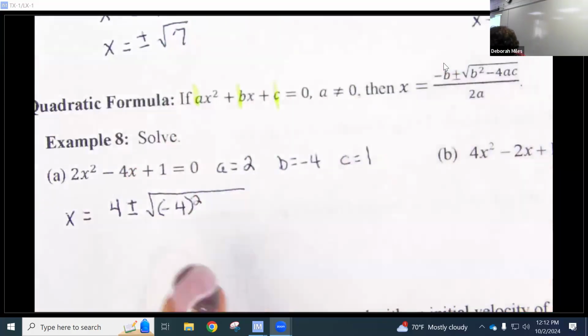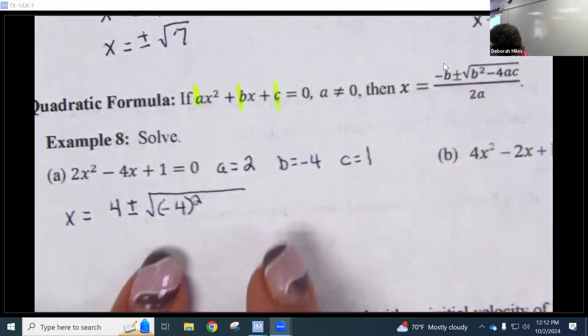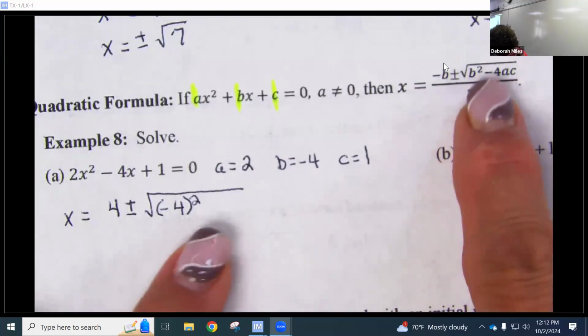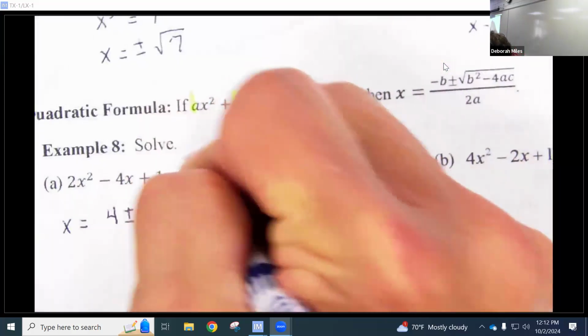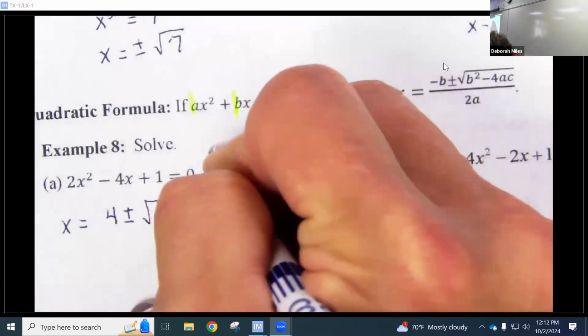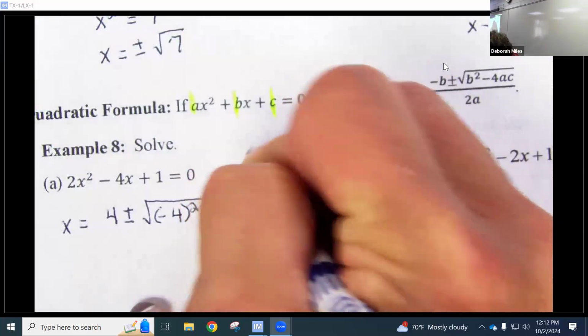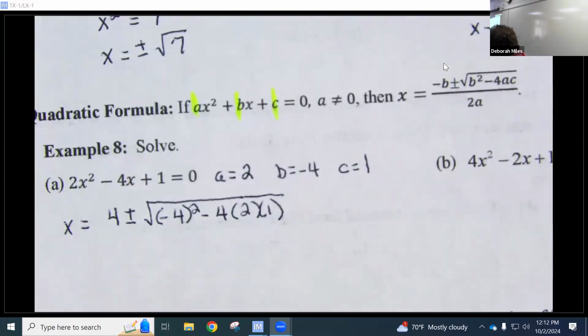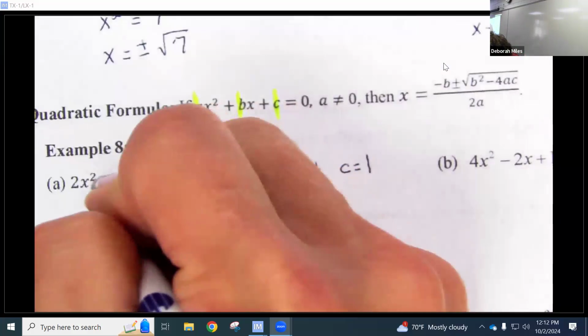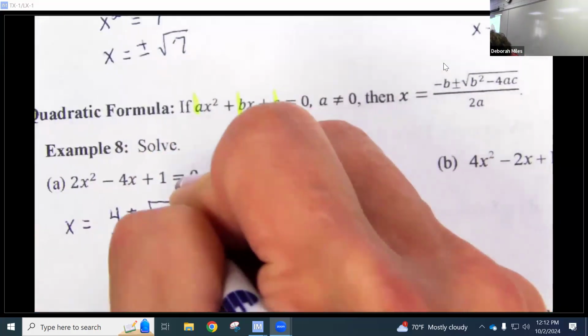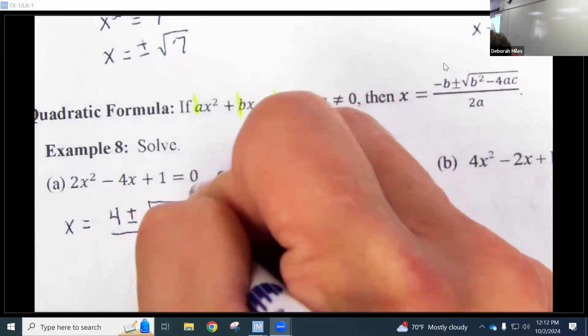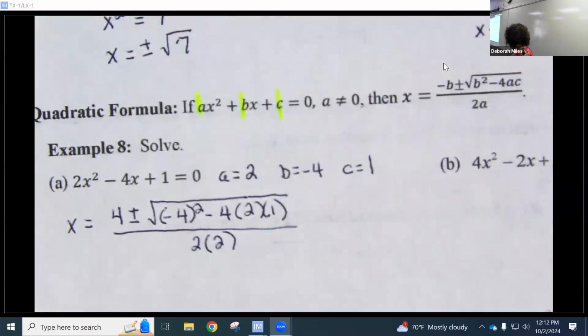If you want to square negative 4, you have to have negative 4 in parentheses. B squared minus 4 times A times C, all divided by 2 times A.